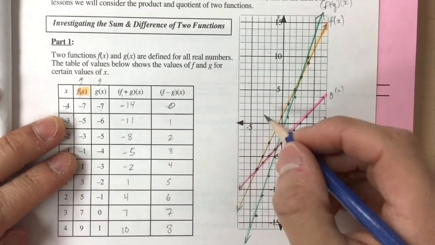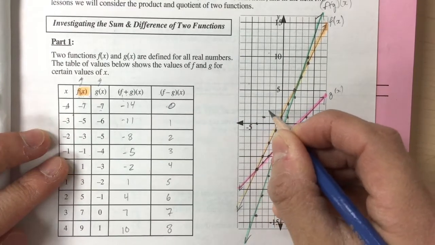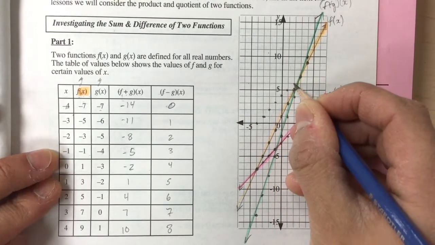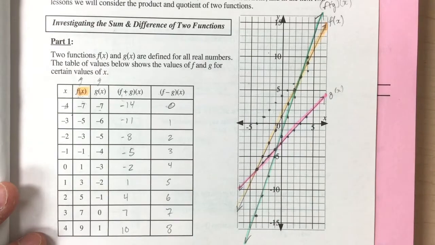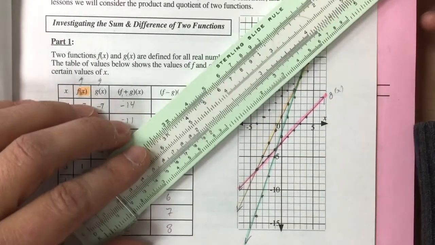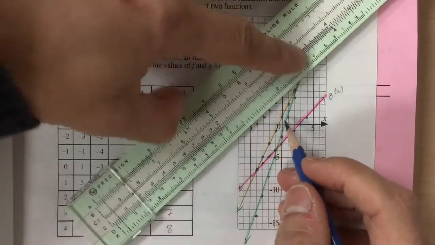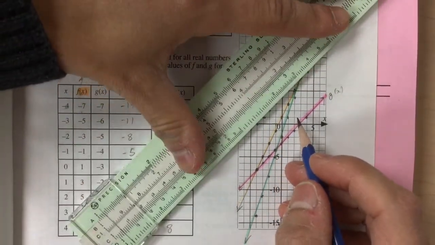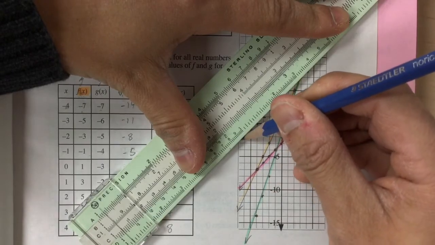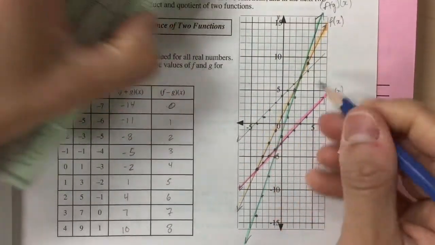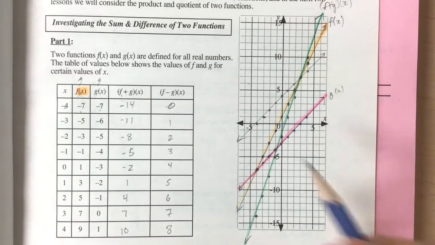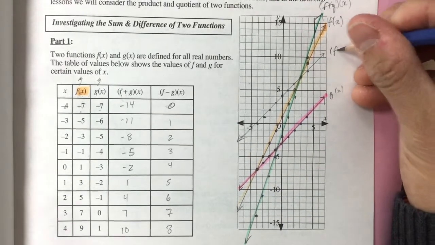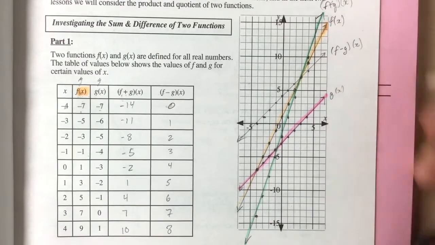So negative 4 and 0. And I won't shade this one. I'll just call this one f minus g of x.